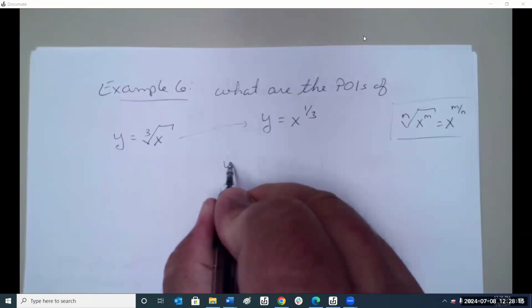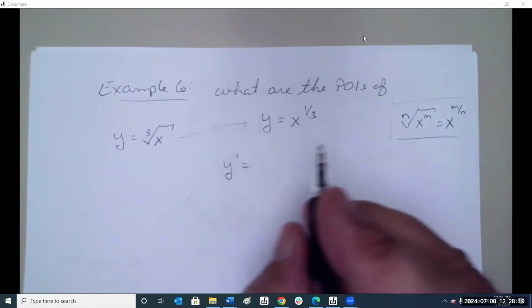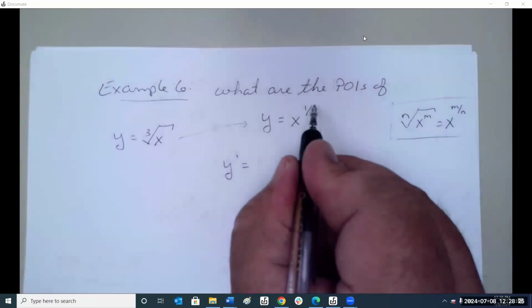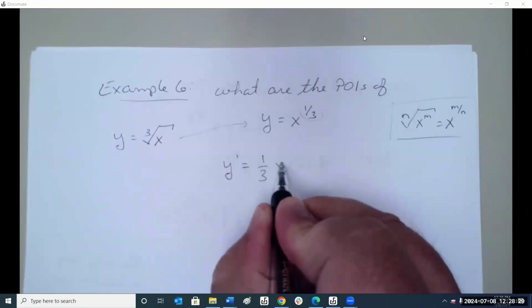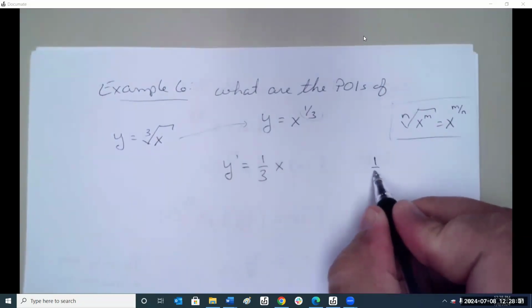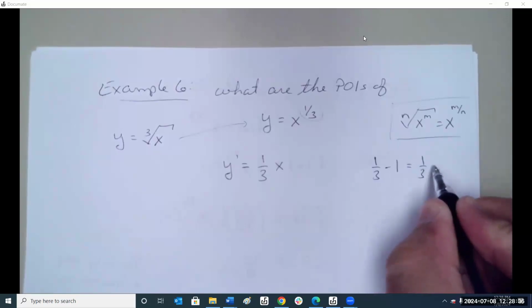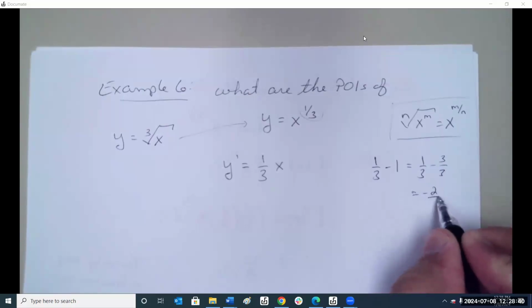So the first derivative is what? Take the power, bring it down, so it's 1/3. 1/3 minus 1 is the same thing as saying 1/3 minus 3/3, which equals -2/3.